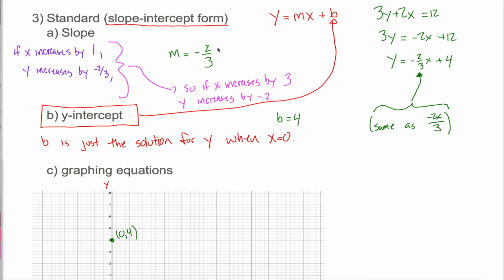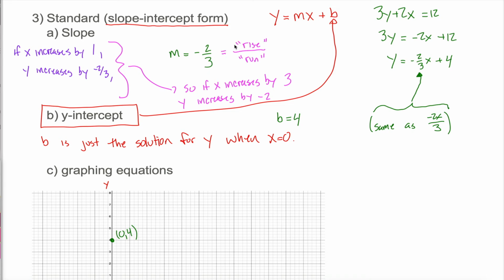So instead of thinking about the slope as how much y increases by each time x increases by 1, even though that's entirely true, it's easier to think about the slope as a fraction, which tells you how much y increases by on the top divided by how much x increases by on the bottom.